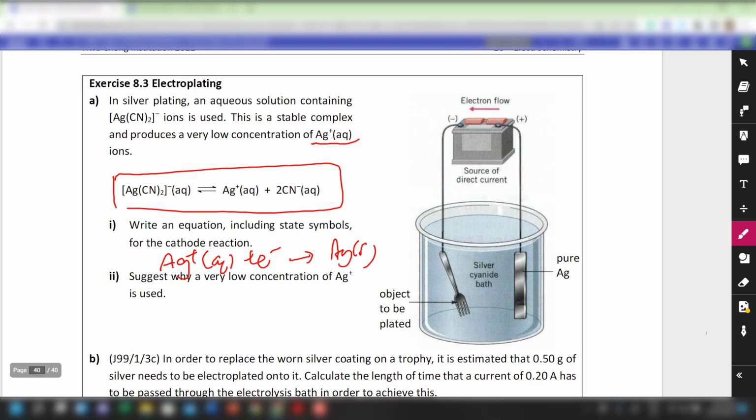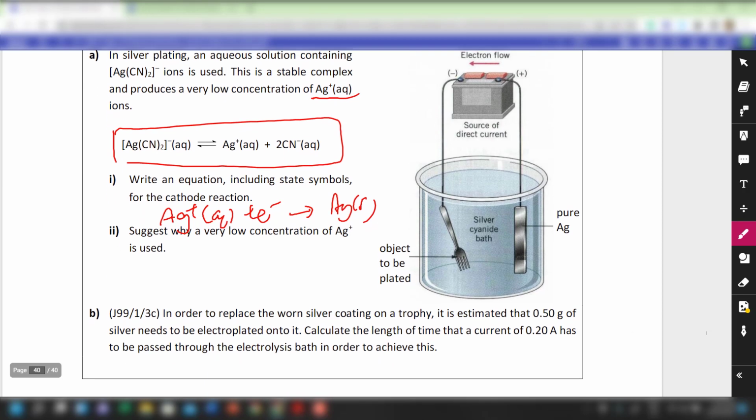In most cases, we want the plating to be done in a thin and uniform manner, and in order to do that, I cannot have too high a concentration of silver plus, because if not, the silver plus will just randomly be reduced on the surface of the object, and then I will get an uneven layer of silver. So in general, because we want the deposit to be uniform and at relatively slow rates, which is concentration dependent as well, we use a very low concentration of silver plus.